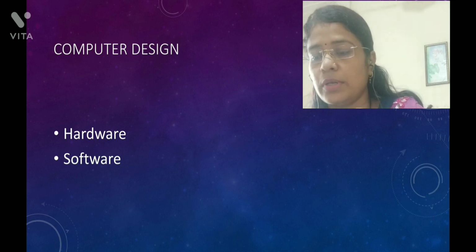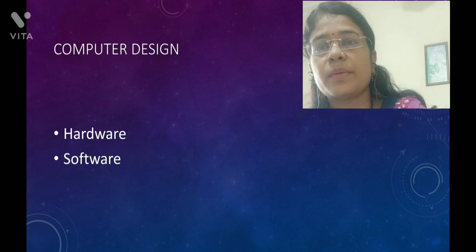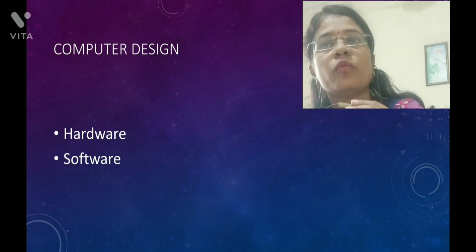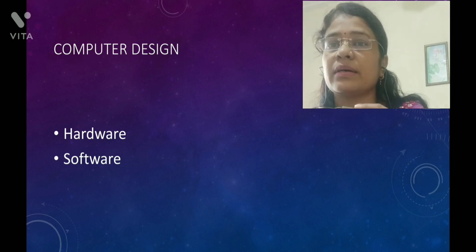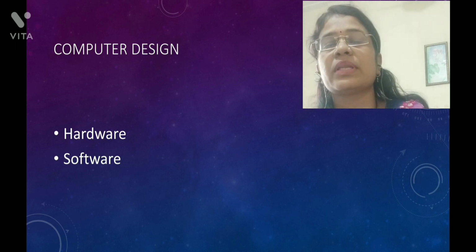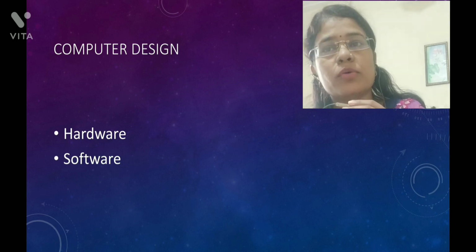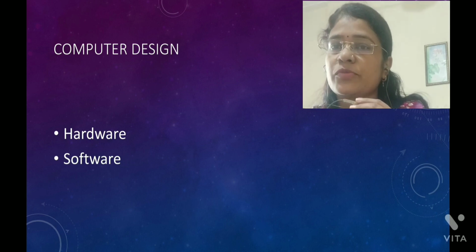So first of all, which are the major functional parts of the computer? That is input unit, through which you can give data to the computer, or you can give instruction to the computer. For example, keyboard or mouse you can use to give the instruction.